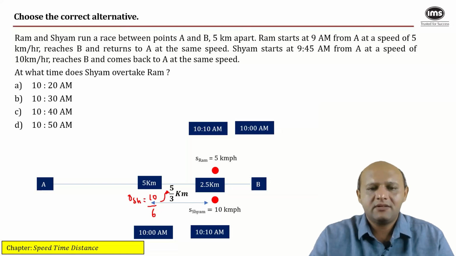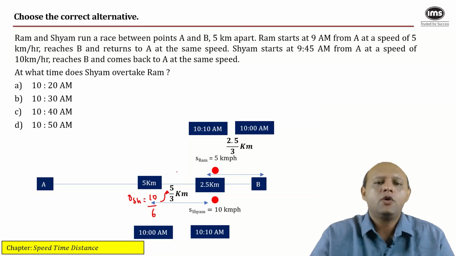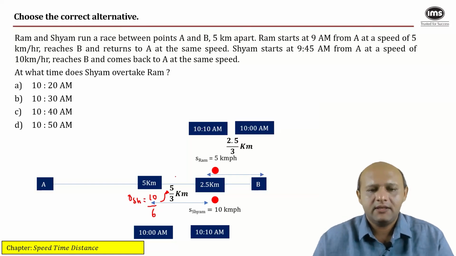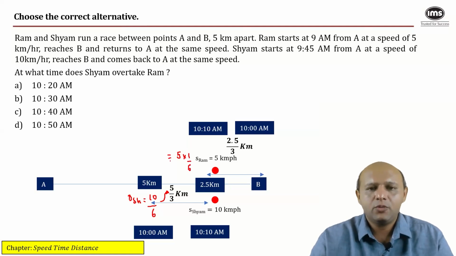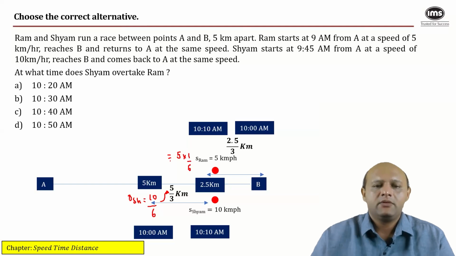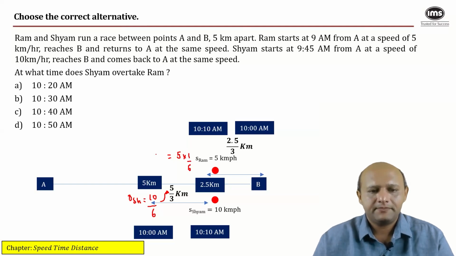What is the distance covered by Ram in the same time? In the same time, he would cover a distance of 2.5 by 3. Or it would be, with a speed of 5 in 10 minutes, 5/6 of an hour. So essentially 5 by 3, 2.5 by 3. Okay. So this is the distance covered by Ram.